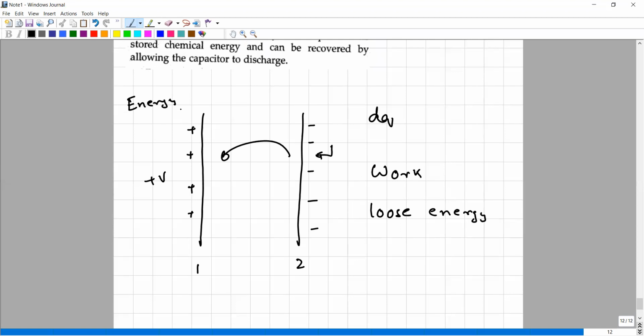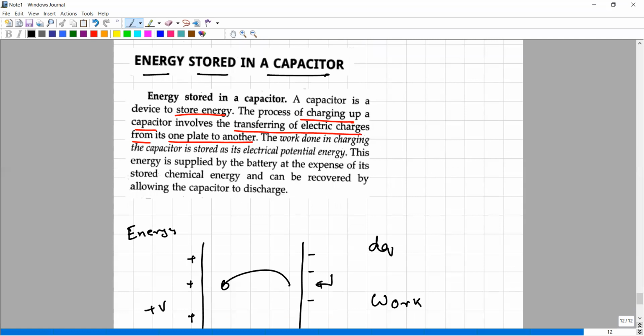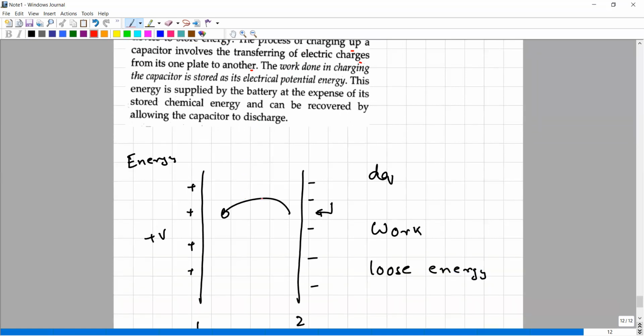And that is what we have to calculate here: energy stored in the capacitor. So how does the energy come to the capacitor in the first place? This is how it comes, because the very method of charging the plates of the capacitor as positive and negative would require some work to be done.